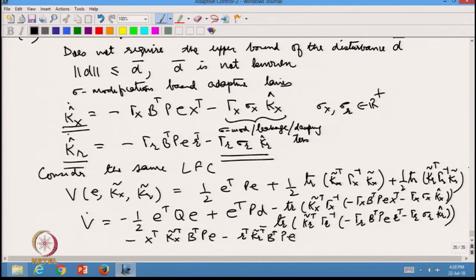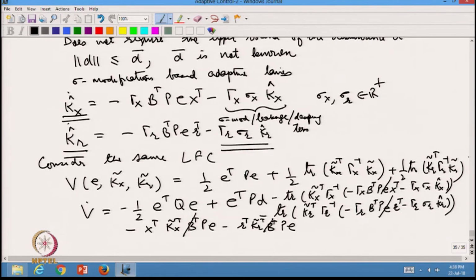So we have seen before that these terms in fact get cancelled by the classical adaptation terms in the adaptive law, and what we are left with is this damping term, and let's see how this damping term helps in accounting for this E transpose P D term, which is a disturbance term.